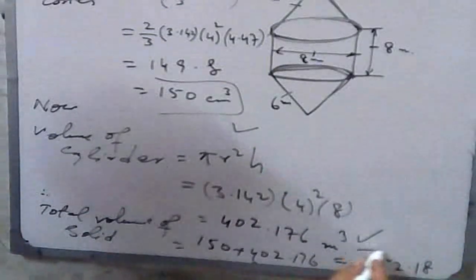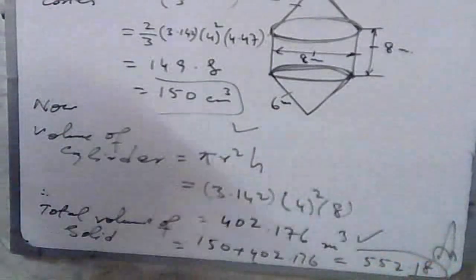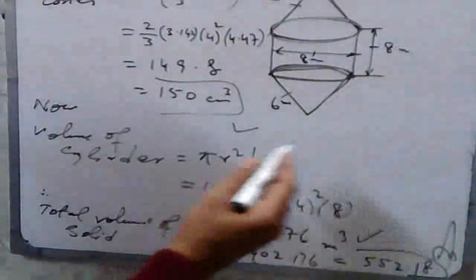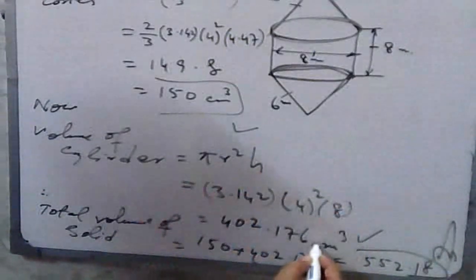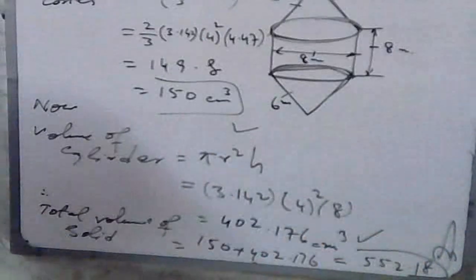Your result is 552.18 meter cube, which is the total volume of the solid. So that is your required result.